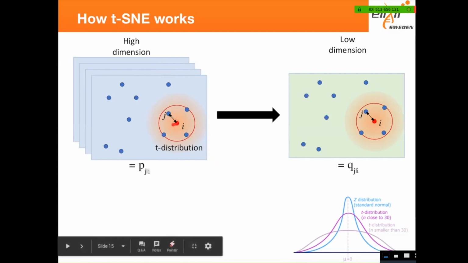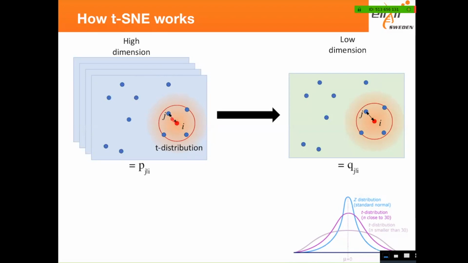So this distance between point i and j will be considered as the probability of j being picked as the closest point to i. And this same probability should be the same probability in the reduced space. So the probability of, if you are my nearest neighbor in the multidimensional space, in the reduced space, you still need to be my nearest neighbor.